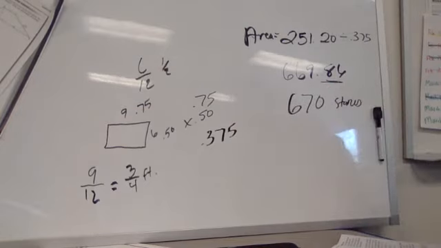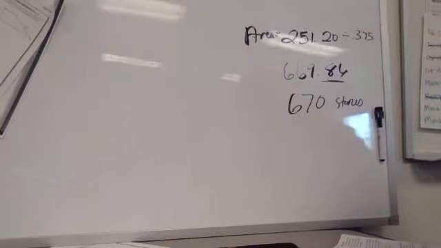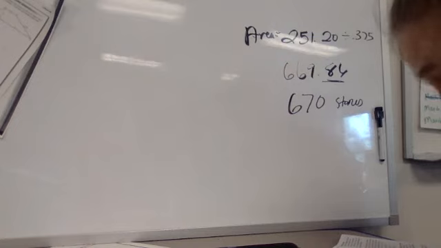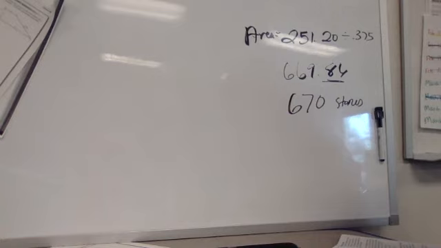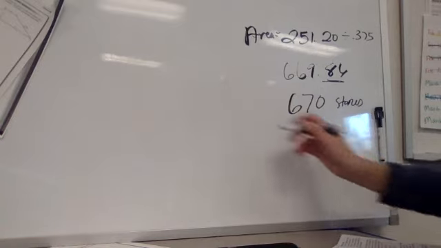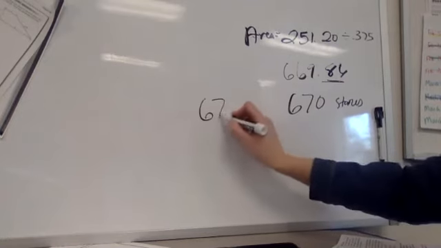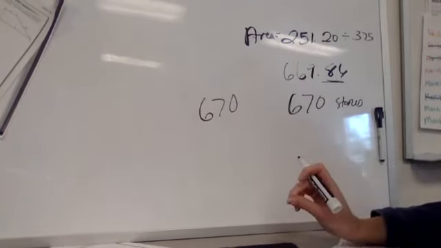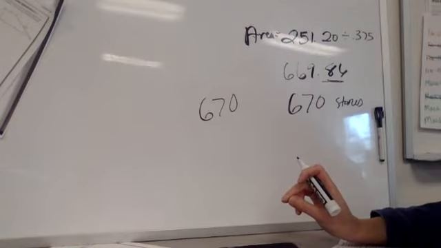So that's that part. Okay, and then this last part asks, if Mike purchases 10% more paving stones than the measurements require, how many paving stones will he purchase? So this is going back to your percentages. I have 670 paving stones, but he always gets 10% more.